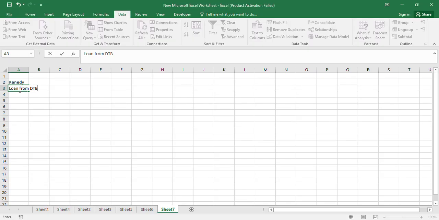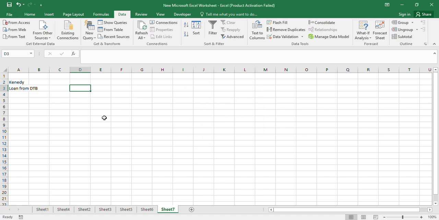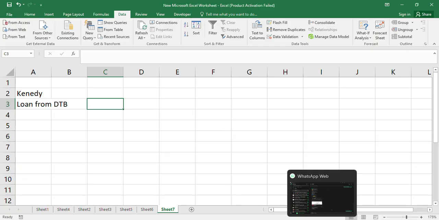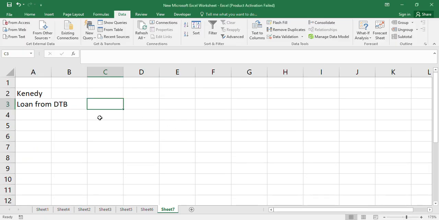Let me try to zoom in. He is trying to get a loan from DTB, and this loan is a loan of 5 million.